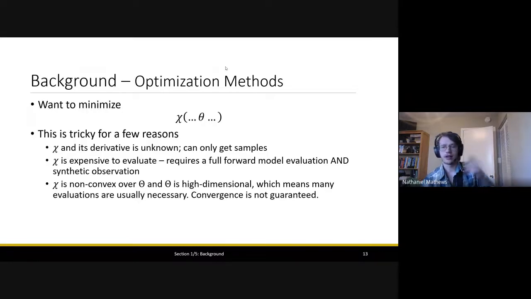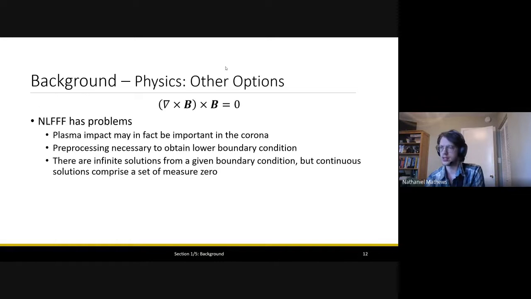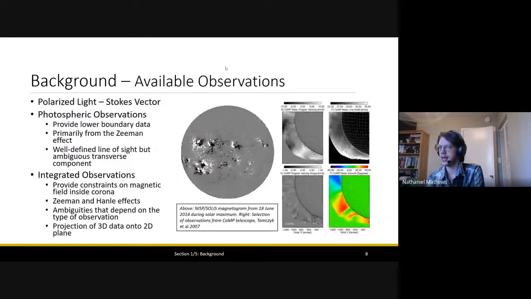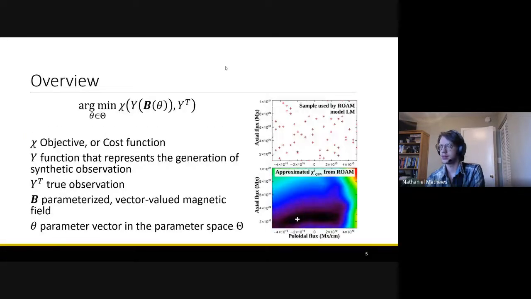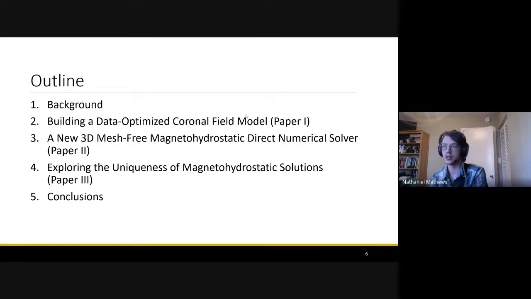We're also later on going to have an optimization technique. Just to go back, remember, we're looking at a cost function of observations, right? We're building synthetic observables and comparing them to the real one, and we're trying to minimize that difference. We'll have some sort of parameter space right here where we take a bunch of different samples and run this forward model many times.